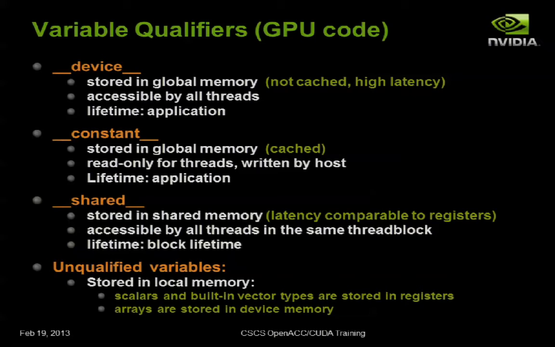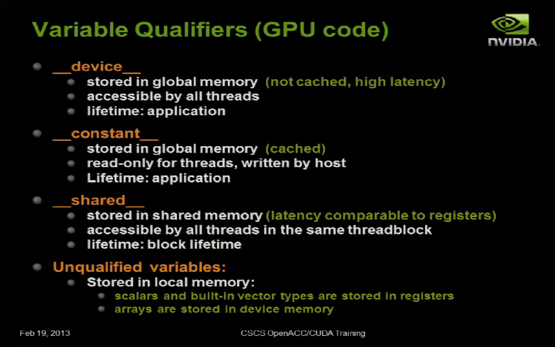Now, those were the qualifiers for the functions. Now, you also have a bunch of qualifiers for the individual variables. The one is the device qualifier that says that this variable sits on the device. So you can create something like static variables that will, for all the time, sit on the GPU.